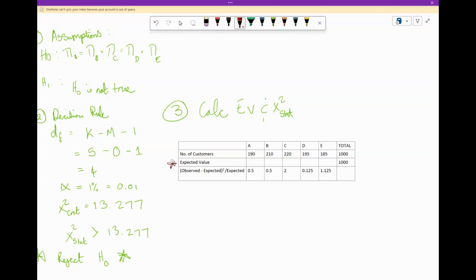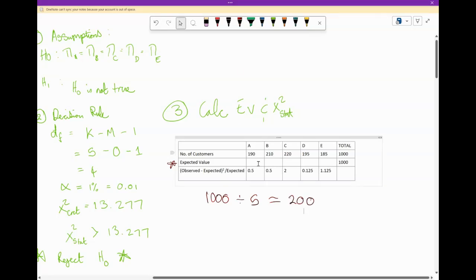So to get that value, which should be equal across all of the flavors, we simply say 1,000 divided by 5, because we've got five flavors, which gives us 200. So here it's 200 in each of those slots.